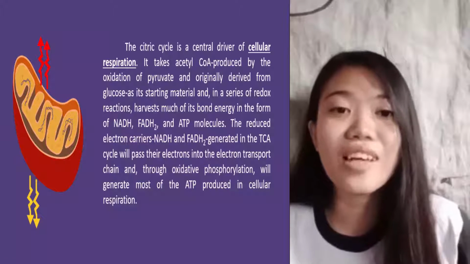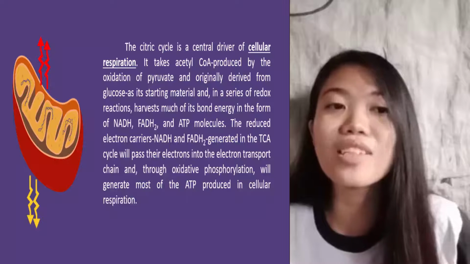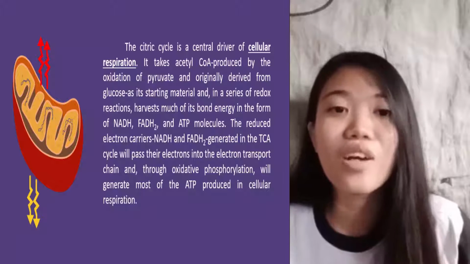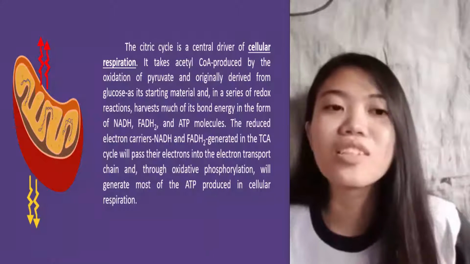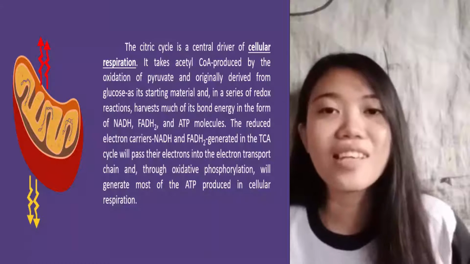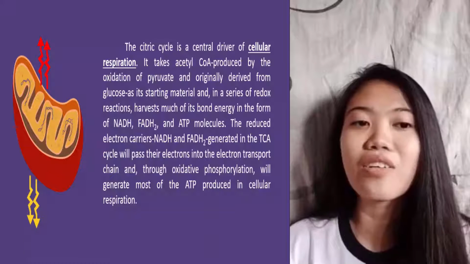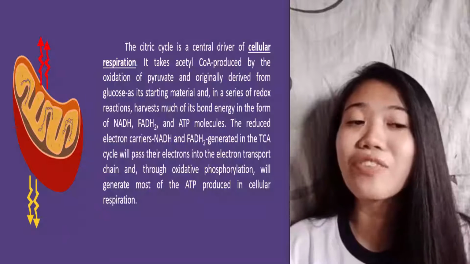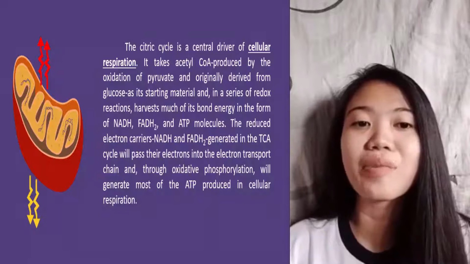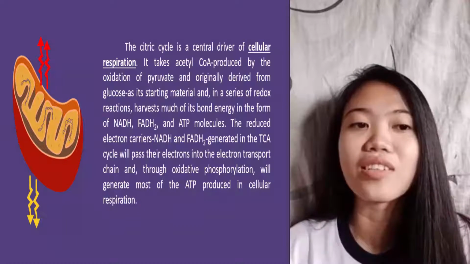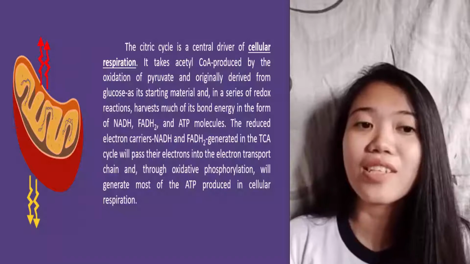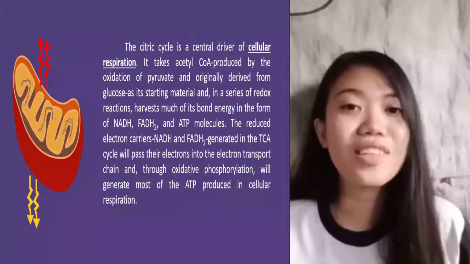They deliver electrons to the complexes of the mitochondrial electron transport chain, which builds up a proton gradient that drives ATP production. So this signifies that the Krebs cycle is a significant part of the much larger process called cellular respiration, the process where our body harvests energy from food. So that's all for the introduction.